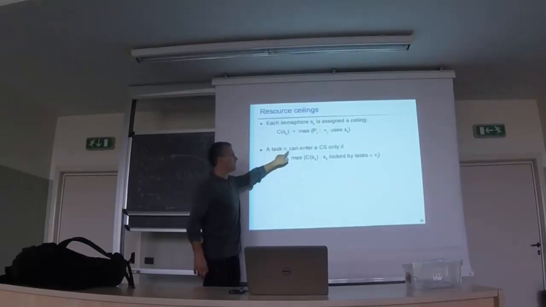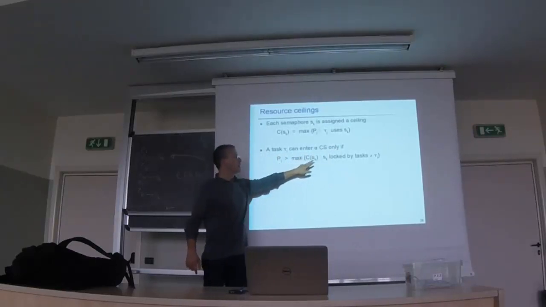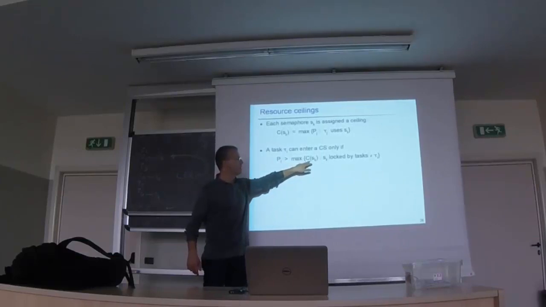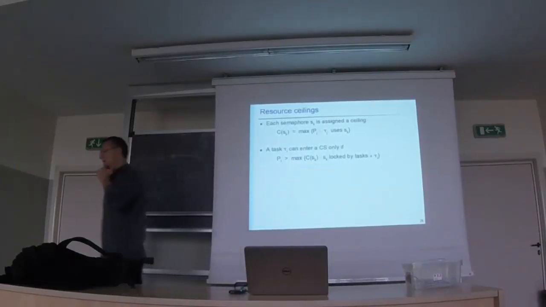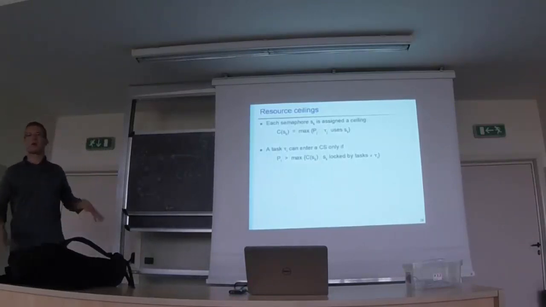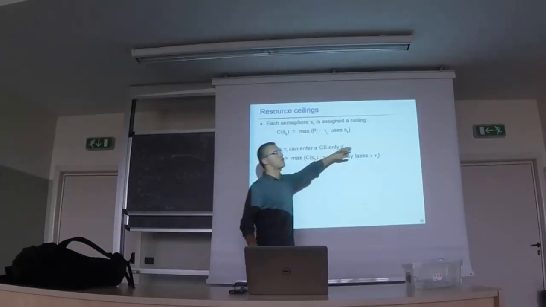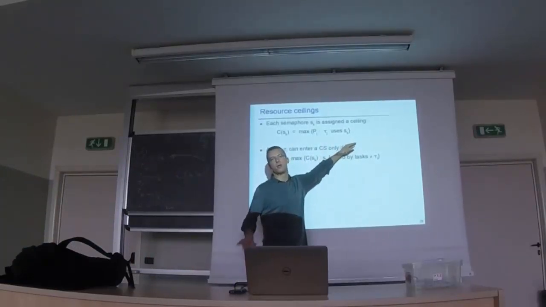A task tau i can enter a critical section only if the priority of that task, okay, is greater than the ceiling of the currently locked semaphores. Let me repeat. It is not like priority inheritance, where a task can enter a critical section only if the semaphore is free, otherwise I block.